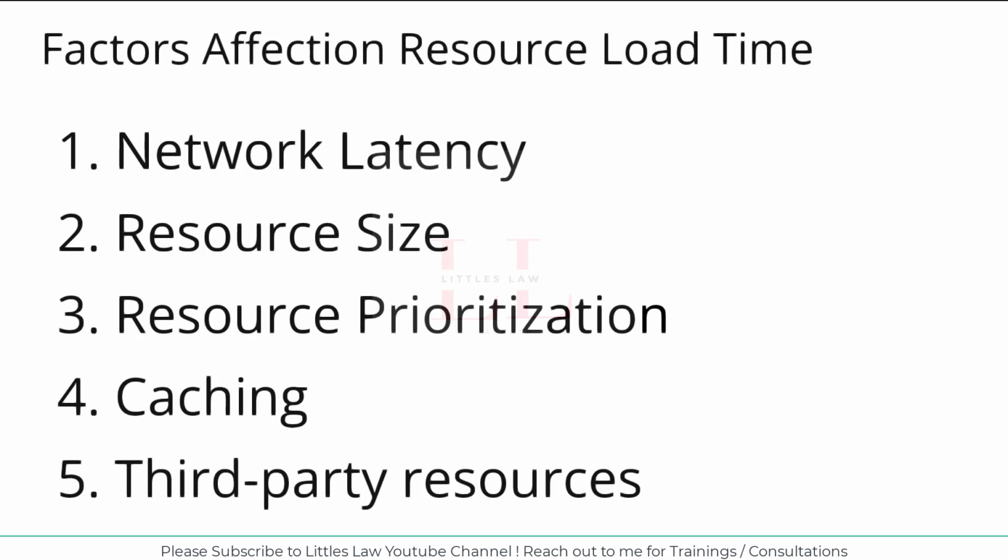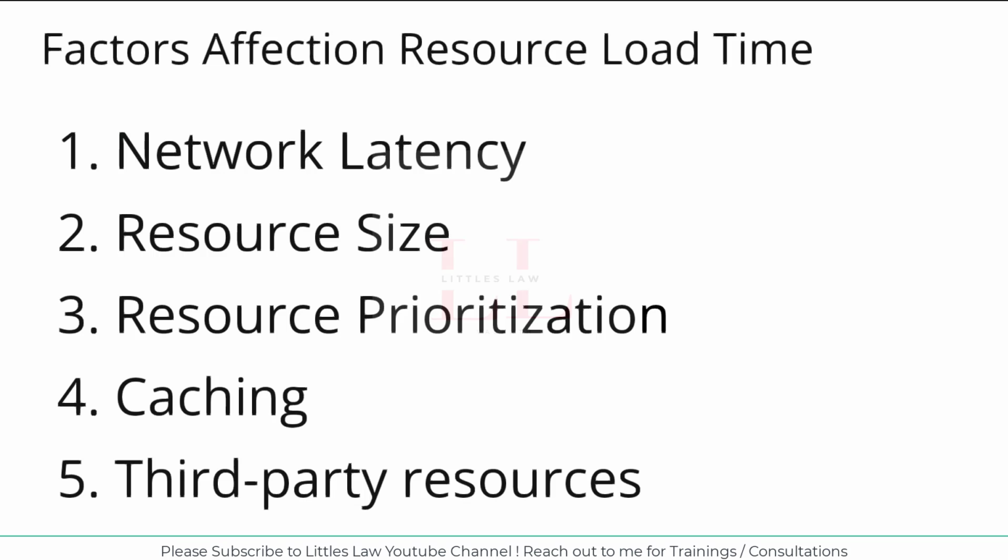And then the second, which is the resource size. The large images, the unoptimized JavaScript or the bulky CSS files take longer to download. So if you are seeing an application with poor response times, these could be the reason: large images, unoptimized JavaScript or bulky CSS files, which take longer to download. And then the third one is the resource prioritization. The browser prioritizes certain resources like CSS or even others, so improper prioritization can delay the critical resources.